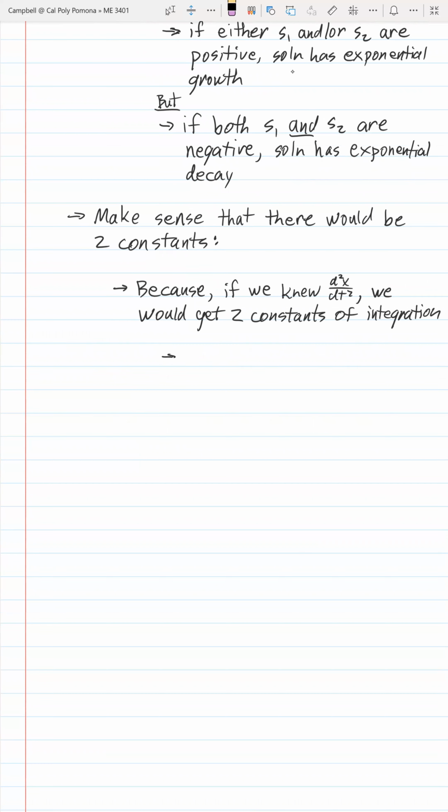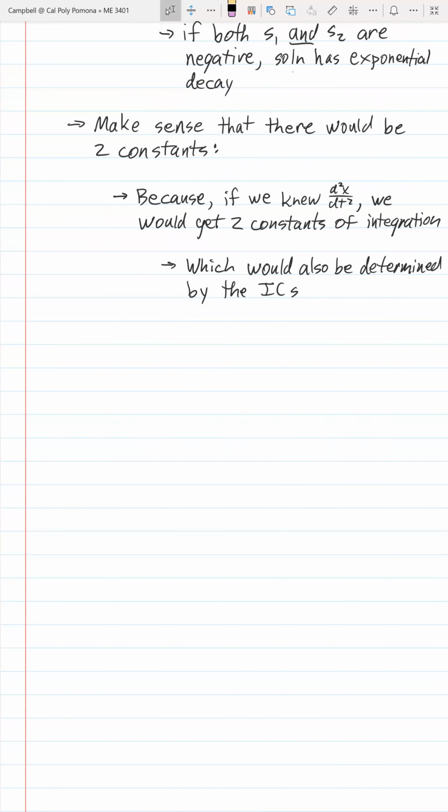Again, these constants of integration would also be determined by the initial conditions or boundary conditions, depending on which case you're working with.